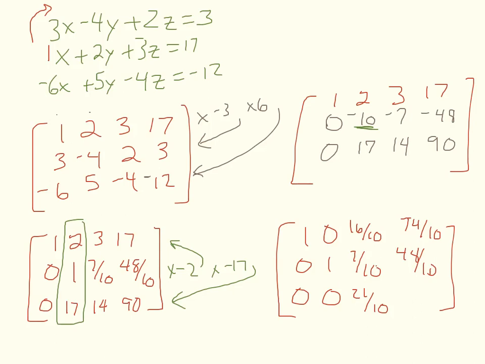That's a 2346 over 10. Okay. So we have negative 48 times negative 17 is negative 816. And then 90 times 170 is 1530. So you have 1530 minus 816, which is 714 over 10.